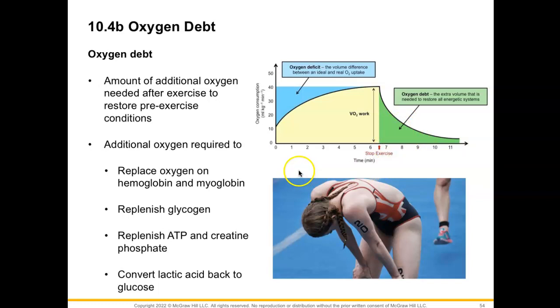And we need that oxygen to replace oxygen on our hemoglobin molecules within our red blood cells and our myoglobin molecules within our muscles. We also want to replenish our glycogen and replenish ATP and our creatine phosphate and convert any lactic acid back to glucose.